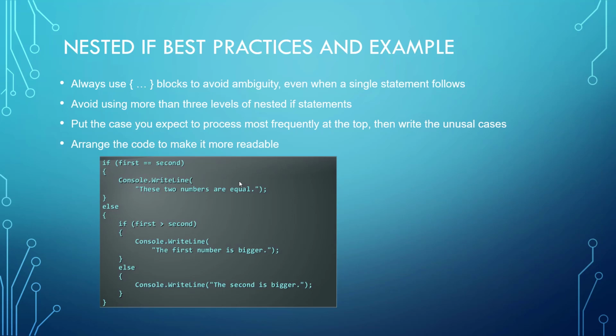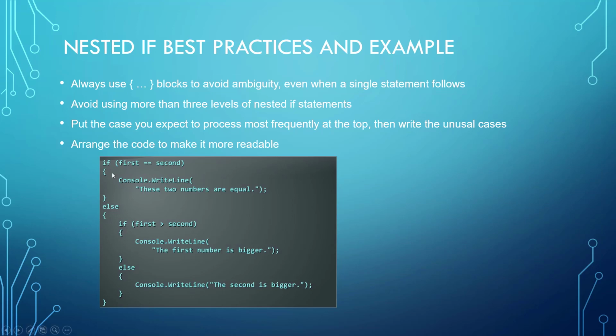Avoid using more than 3 levels of nested if statements if possible, because that can become pretty confusing at that level. Put the case that you expect to process most frequently at the top, and then write the unusual cases later. And then finally, arrange the code to make it more readable, meaning make sure that you indent your code correctly.